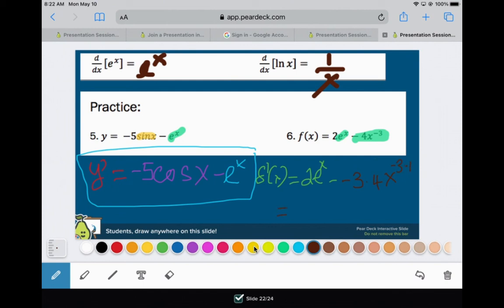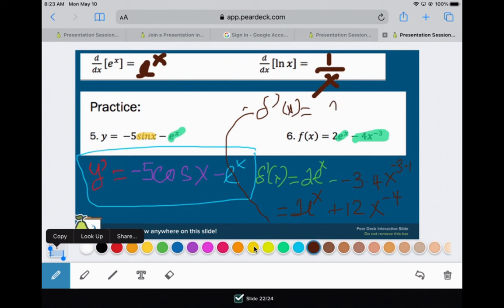Now I'm going to finalize my problem. 2e to the x, the negative turns into positive 12, x to the negative 4. Again, we don't want the negative exponent, so I'm going to bring it down. My final answer is going to be 2e to the x plus 12 over x to the 4th power.